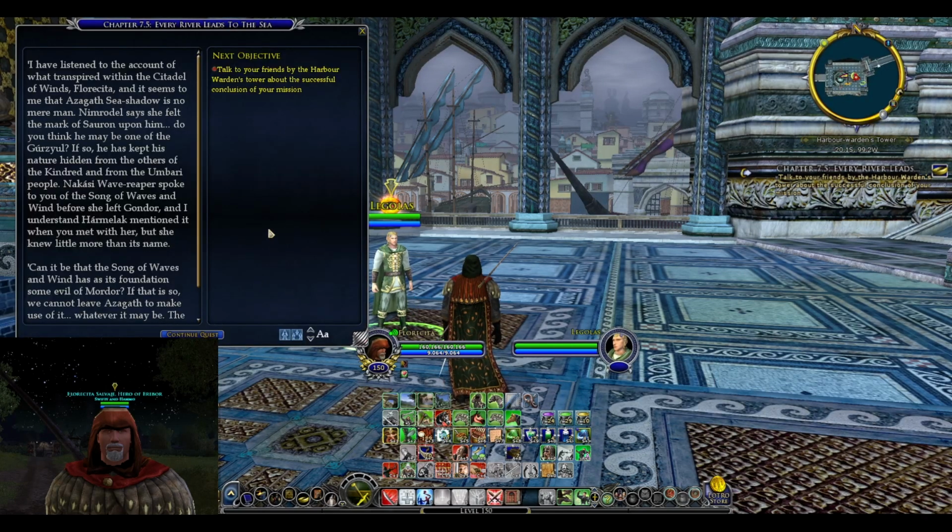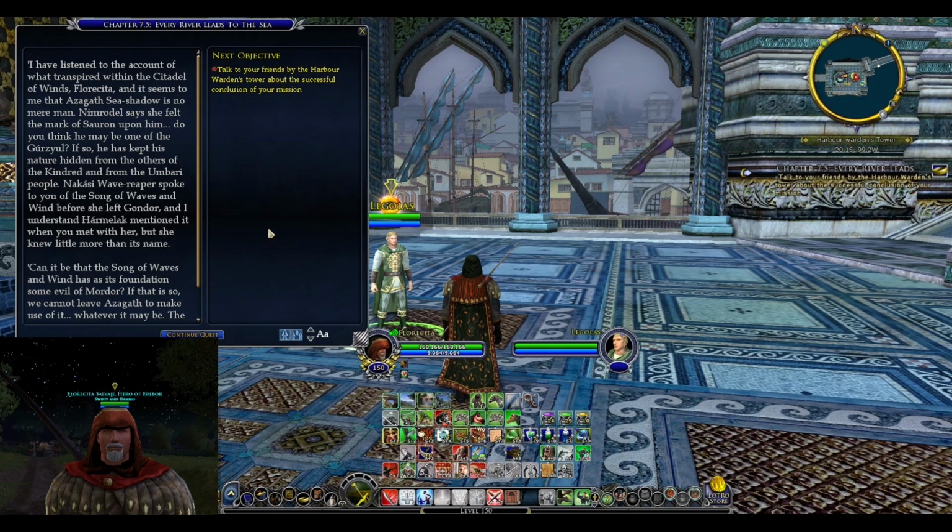I have listened to the account of what transpired within the Citadel of Wings. And it seems to me that Azagath's sea shadow is no mere man. Nimrodel says she felt the mark of Sauron upon him. Do you think he may be one of the Gurzel? If so, he has kept his nature hidden from the others of the kindred and from the Umbari people.